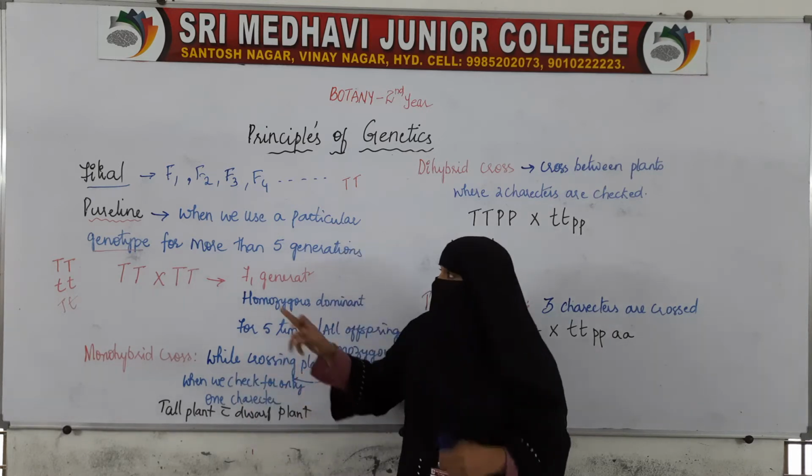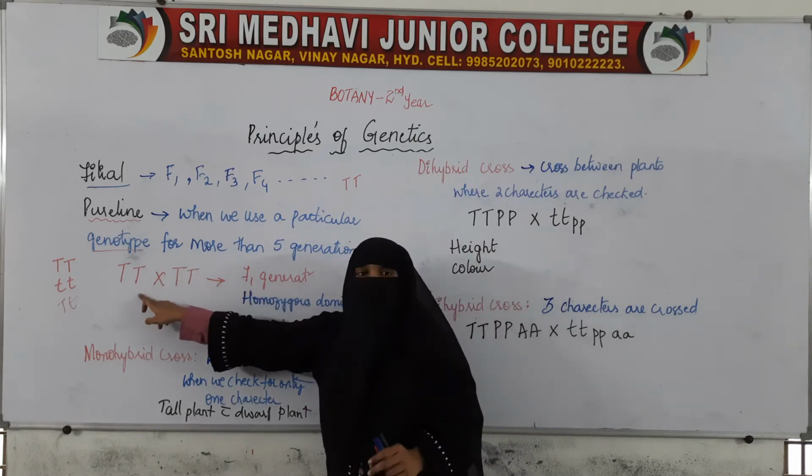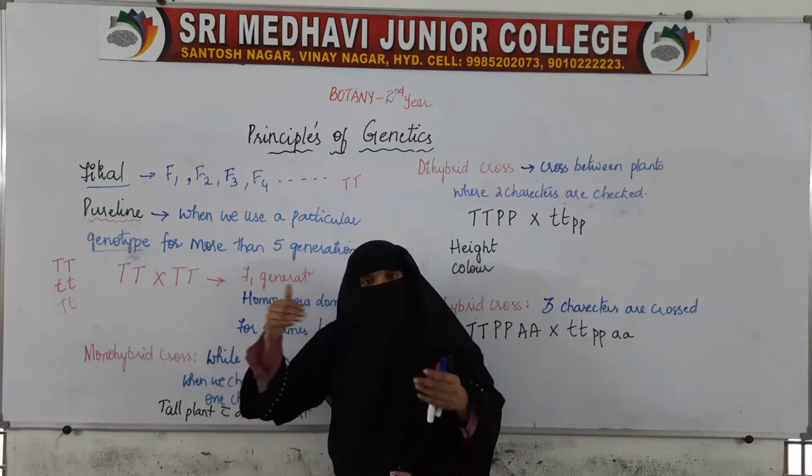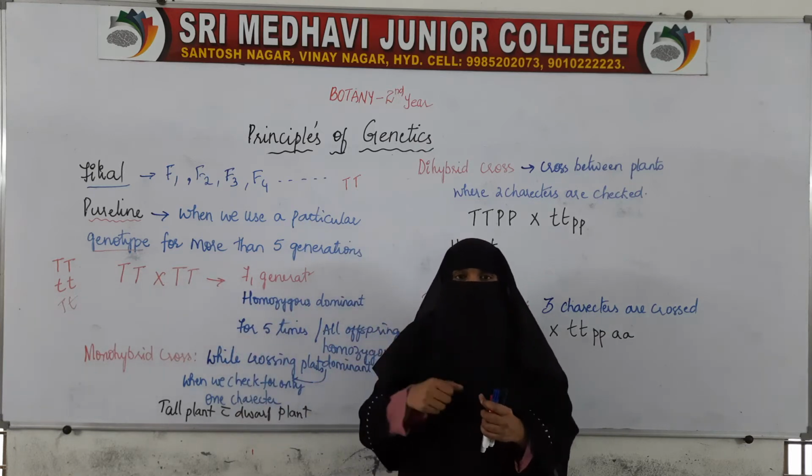So we take a homozygous genotype and cross it for 5 generations.